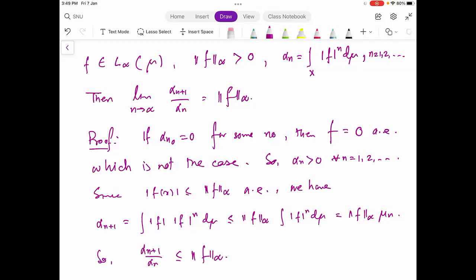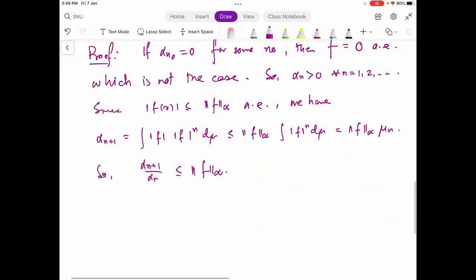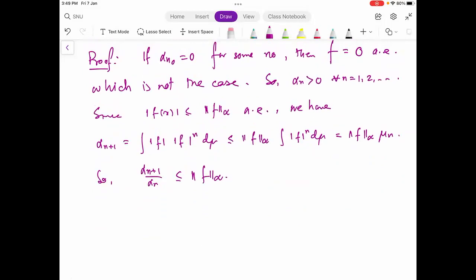So you already know that the limit is less than or equal to this. You only have to show that the limit cannot fall below. Now obviously the hint is, if you want to show that the limit is actually equal, then you will have to put the limit above norm f minus epsilon for every epsilon.